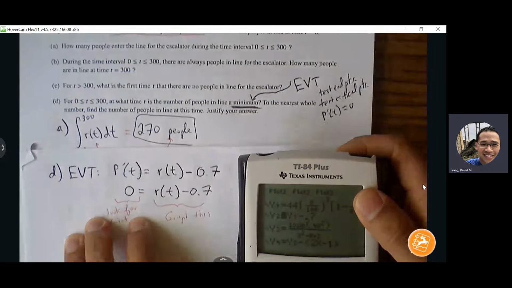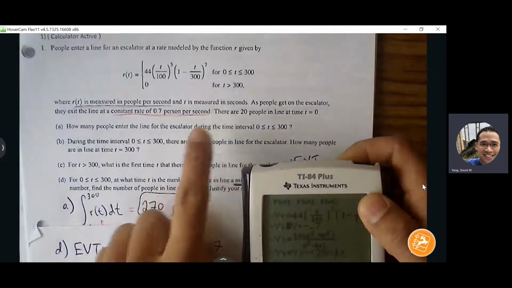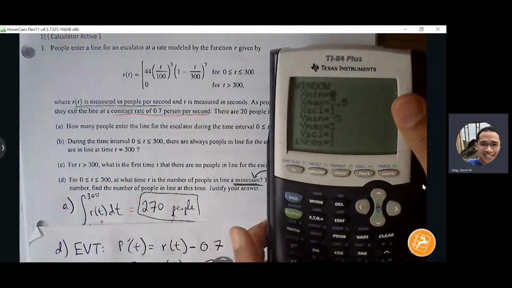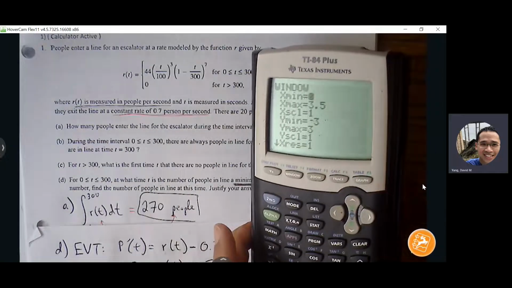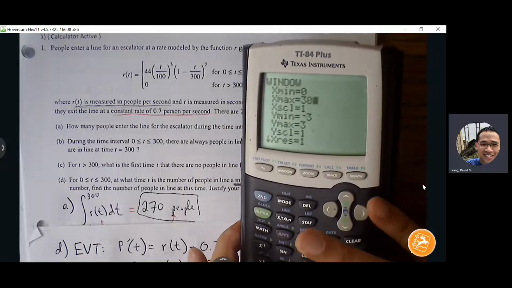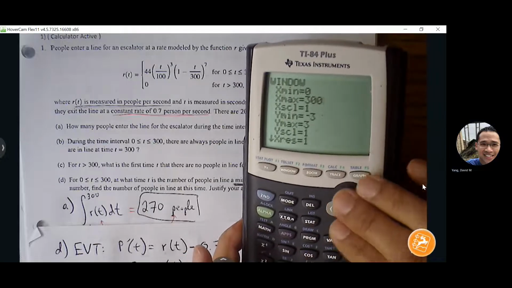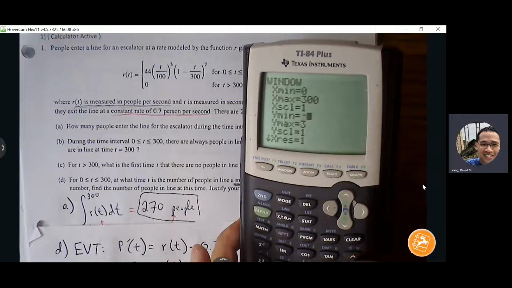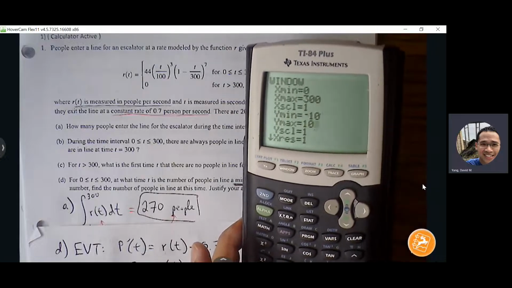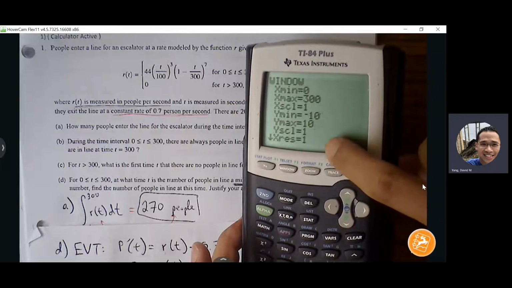Now, I may need to make some adjustments here because my bounds has to be between 0 and 300. So I'm going to adjust my window here to go from 0 to 300 because those are my possibilities as to where my x-intercepts could land. And then y min, y max, I like to just always start from -10 to 10. If it's too zoomed in or too zoomed out, we can always adjust those numbers later.